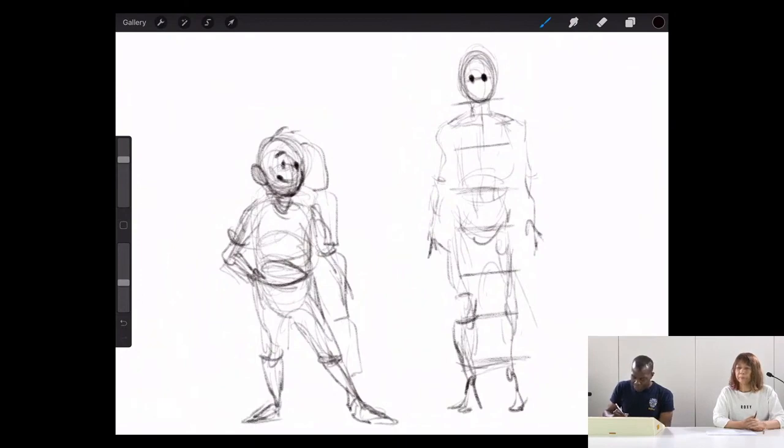So actually, let me make that a little bit bigger, okay, yeah. When you're drawing kids, I think it's important to just draw them as kids. So have them do things that kids like to do. They like to play. They like to be active.